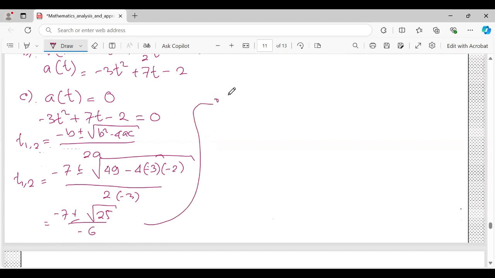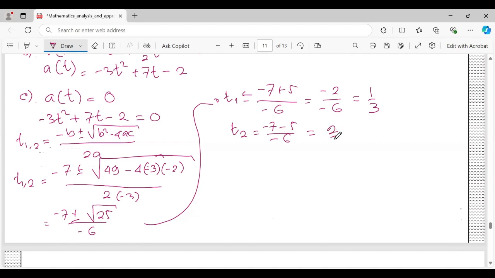So t1 equals minus 7 plus 5 over minus 6, minus 2 over minus 6, which is 1/3, and then minus 7 minus 5 over minus 6 is 2. And 2 is the greatest time.